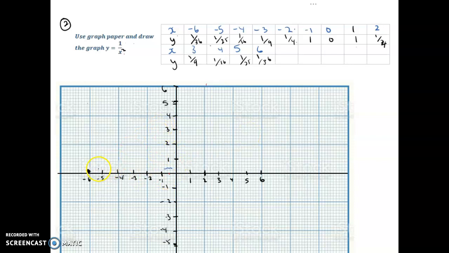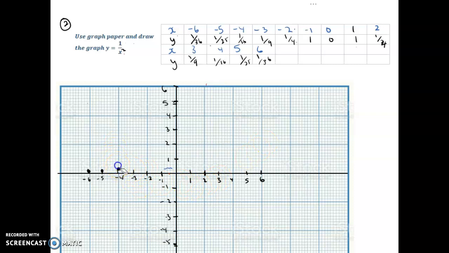0.0277, right? Minus 5 is 1 on 25. 1 divided by 25 is actually 0.04, so again that's around here. Minus 4 is 1 on 16, so that's about there. 1 divided by 9 is 0.1.